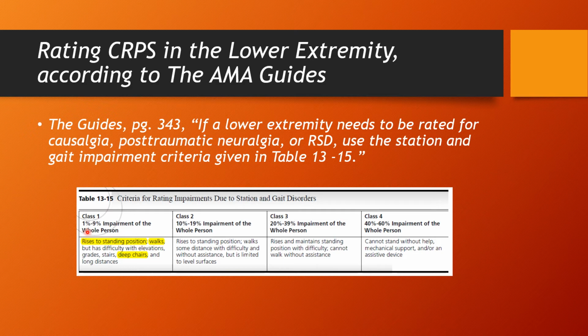When you indicate class 1, you see: rises to a standing position, walks but has difficulty with elevation. The individual can walk, but has difficulty walking grades or stairs, sitting in or getting out of deep chairs, or walking long distances. I've highlighted these in yellow because these are observations that you can actually make during your examination appointment.